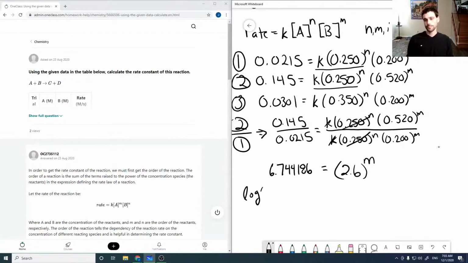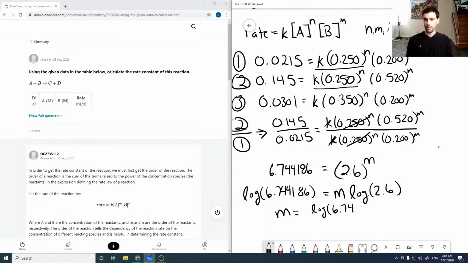So log 6.744186 is equal to, if we take the log of this, we can bring the power down. So that becomes M log 2.6, or M equals log of 6.744186 over the log of 2.6. Doing that division using your calculator, this comes out to be 1.998, which is approximately 2.